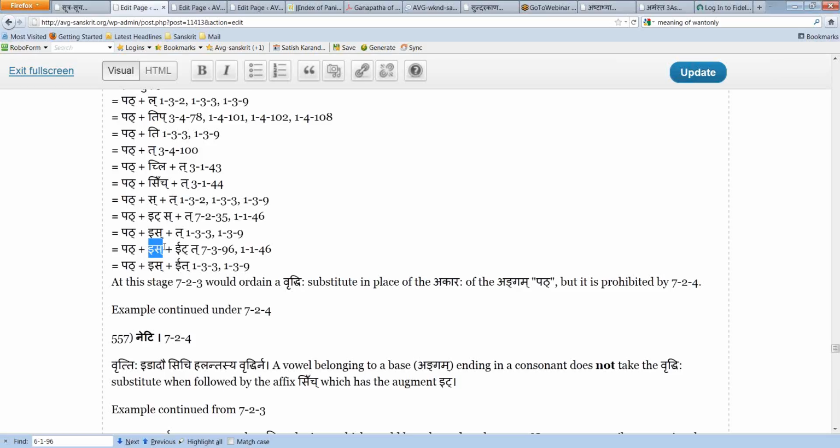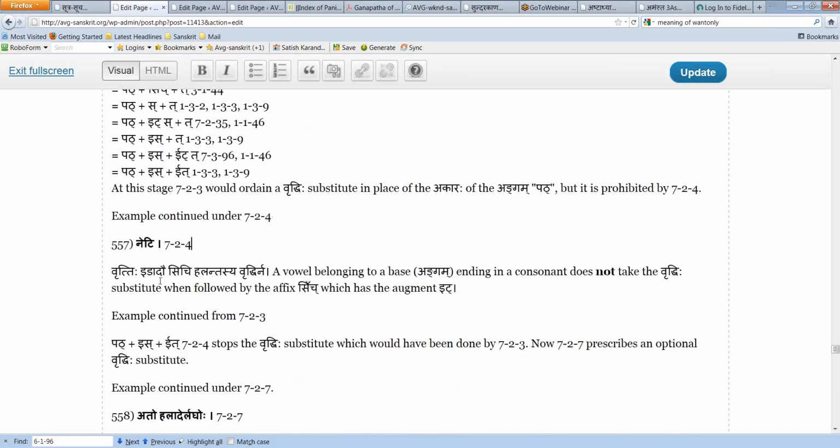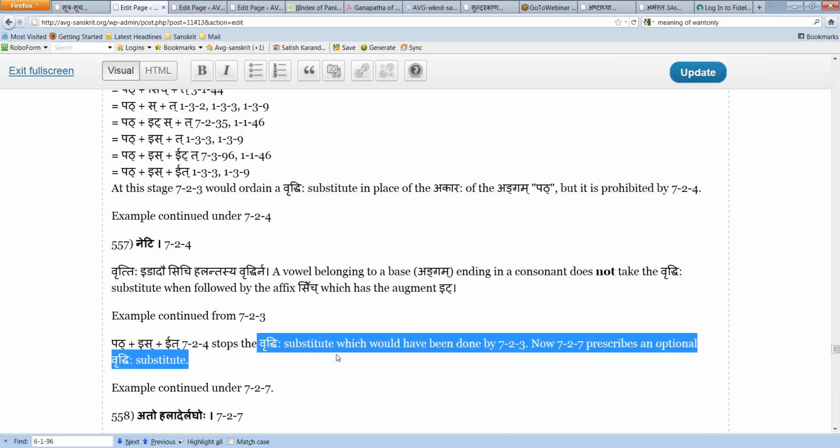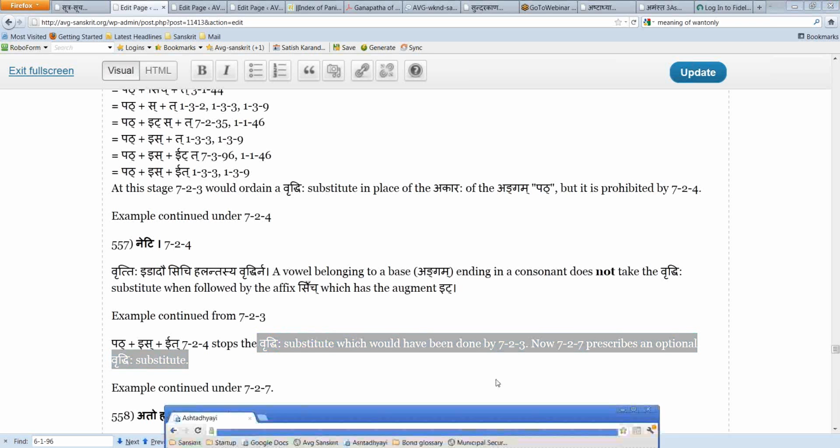It tags along with that. Okay. Anyway, so far now neti stops the vriddhyadesha. Idadau sichi halantasya vriddhirna. So now we have pat is eat, and the vriddhi has been stopped now by neti. So we are still in the section of sichi vriddhi parasmapadeshu.